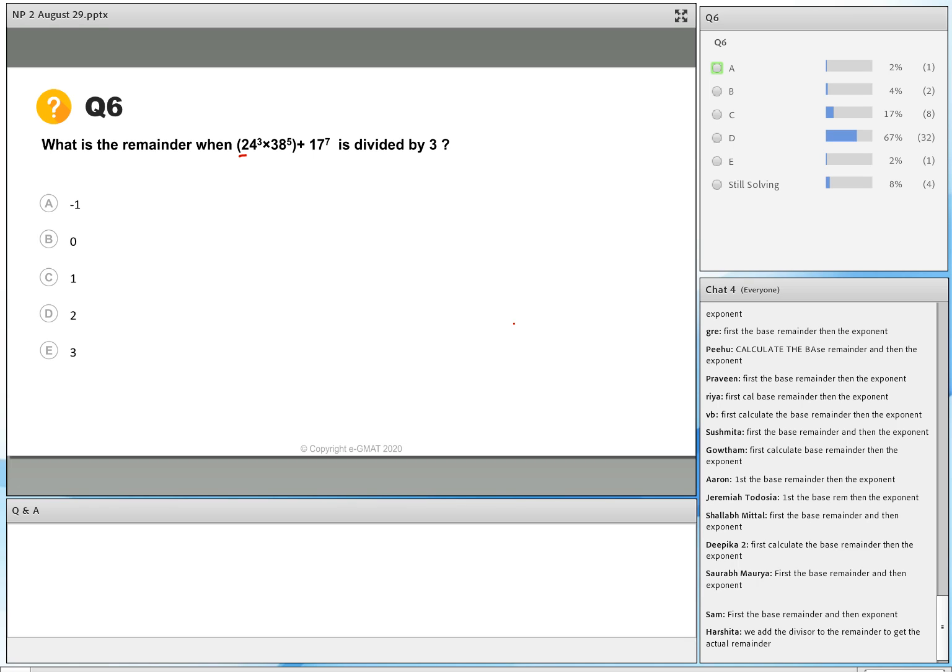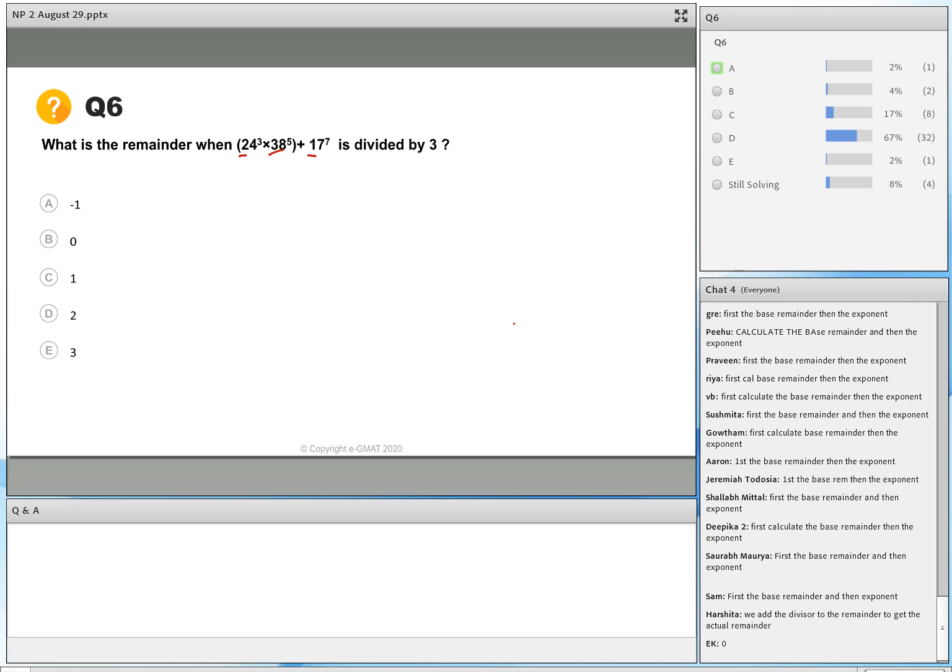What is the remainder when 24 to the power 3 times 38 to the power 5 plus 17 to the power 7 is divided by 3? Tell me, sequence 1 or sequence 2?